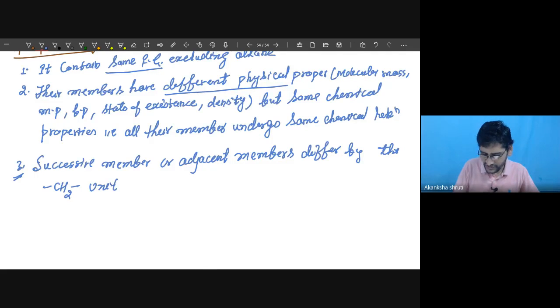Example: whatever functional group you want to take, you can take it.